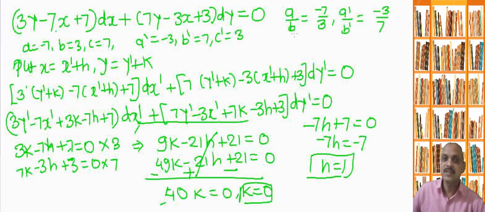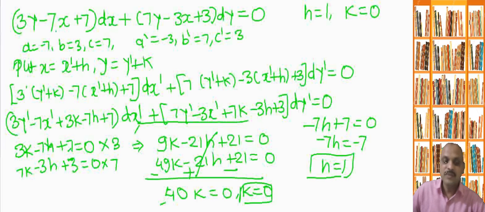Let me erase this so that we will get some space. Now you can see that we have constant values. What are they? h = 1 and k = 0. So we have these two equations, and after solving we get these values.